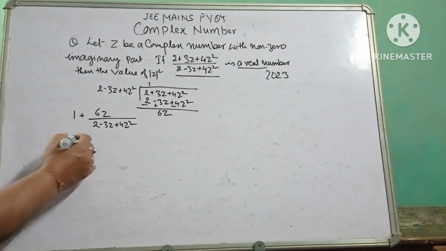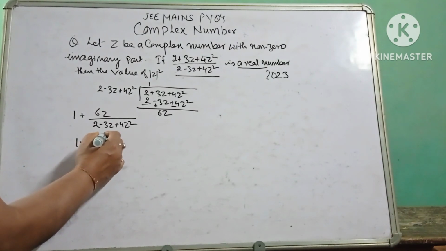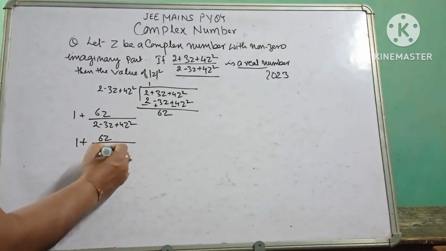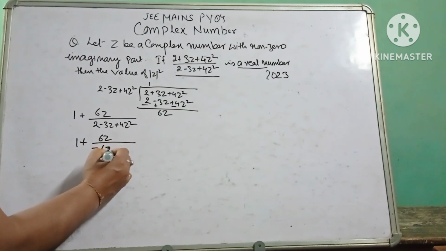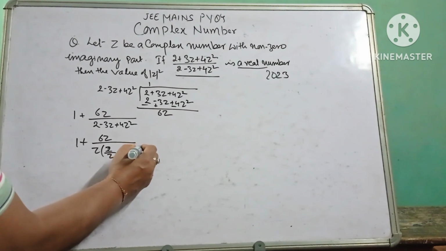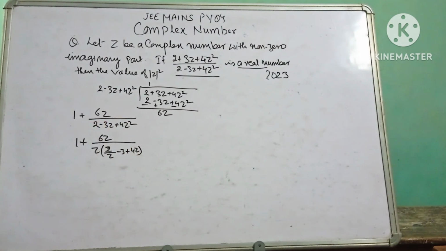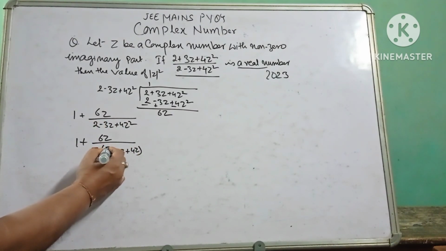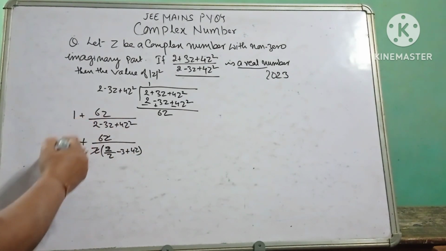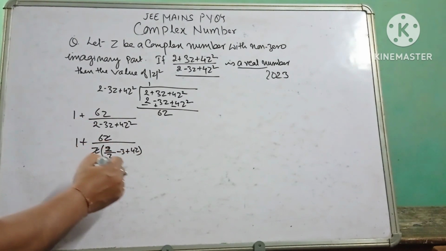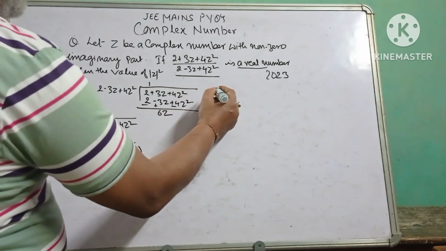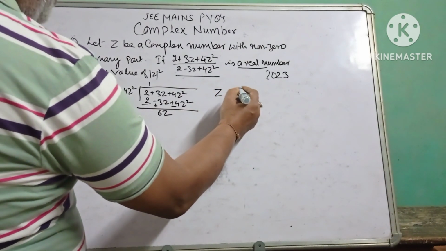So here again, in 1 plus 6z, I am going to take z common to remove z from the numerator. 2 by z minus 3 plus 4z, this z common, this is 2 by z. This z cancels out. So because this is real, so this is real. So here your z is equal to z bar.